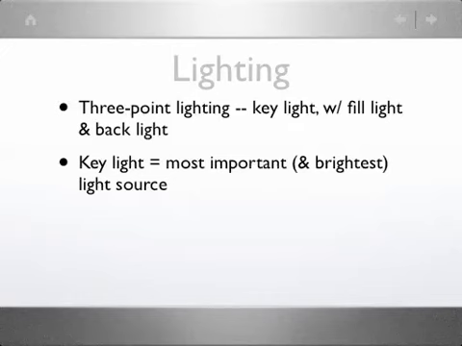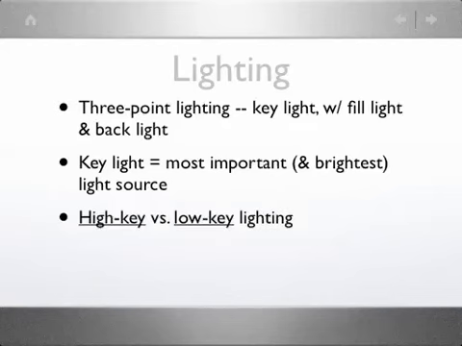It is the most important light and usually the brightest light in the lighting scheme. So it is the main light that is providing most of the illumination to the subject, and then the fill light and the backlight sort of fill in and do a couple of different things in connection with the key light to complete the three-point lighting scheme. And I'll speak more about that in just a moment.